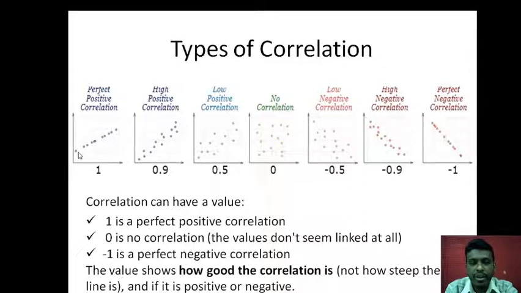Here look, from the left bottom to the right top, it is increasing. Hence it is perfect positive correlation. Why perfect? Perfect because all the points lie on a straight line. Positive because it is increasing.